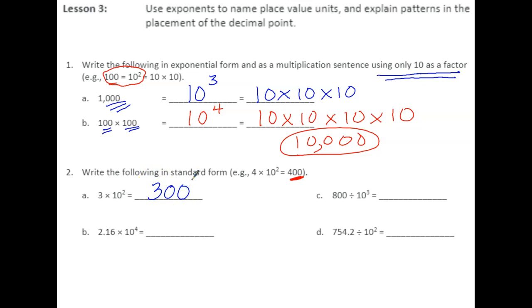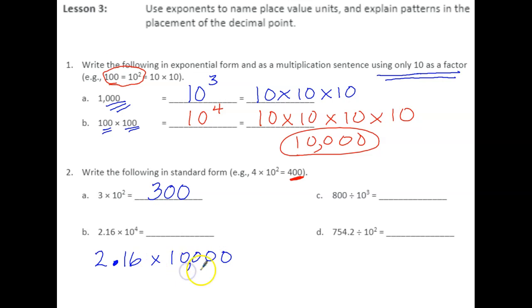All right. Now for B, well, we're not multiplying by a whole number. If you notice 3, we didn't have a decimal point or anything after the decimal point. For B, it's 2 wholes and 16 hundredths. So 2 and 16 hundredths times 10 to the fourth power. I'm going to say it might be easier for you to do this right here.